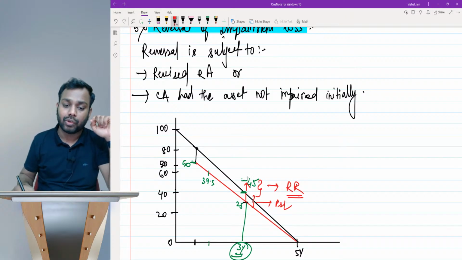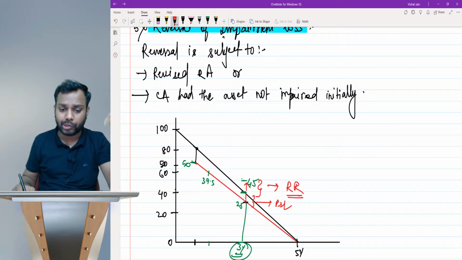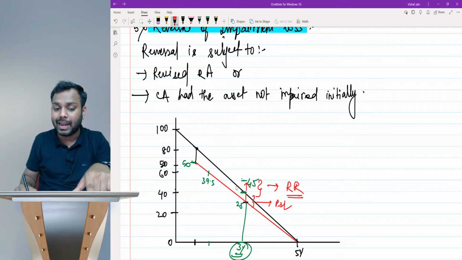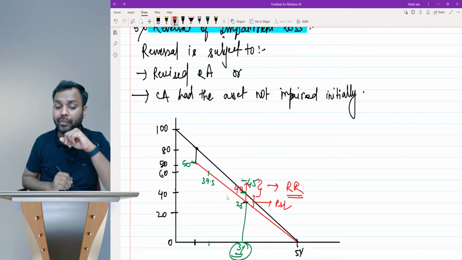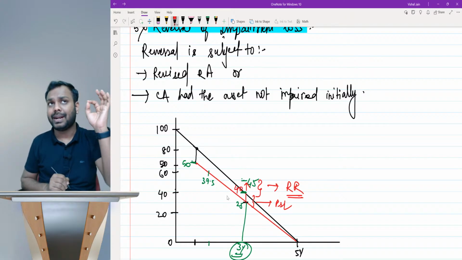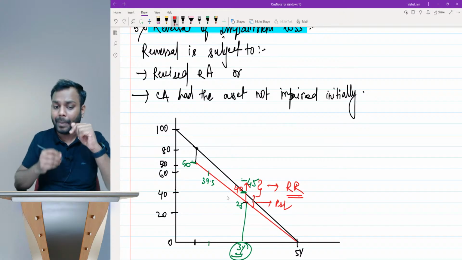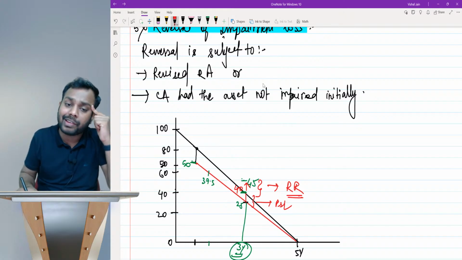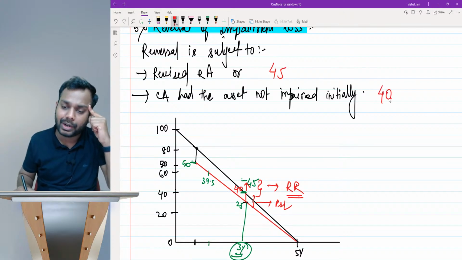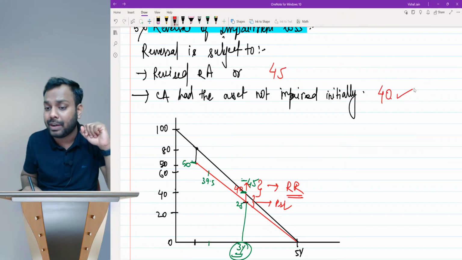So let's suppose, had the asset not been impaired, the carrying amount would have been 40 at the end of the third year, that is 80, 60, 40. If the revised recoverable amount is 45 and this is 40, then you can reverse the impairment loss only till 40.